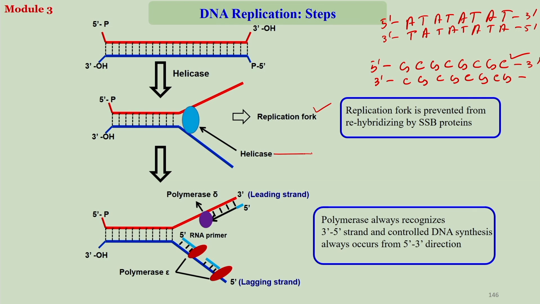So, helicase usually targets the AT rich sequence of the gene, and that part it opens up, forming a replication fork. And once a little bit of the part is open, that actually forces the other part also to open, and then it will be stabilized by the SSP protein, so that they do not come closer together.